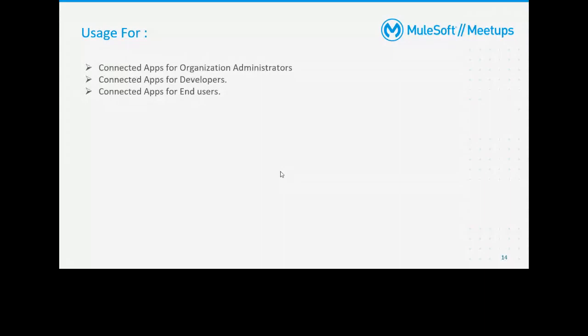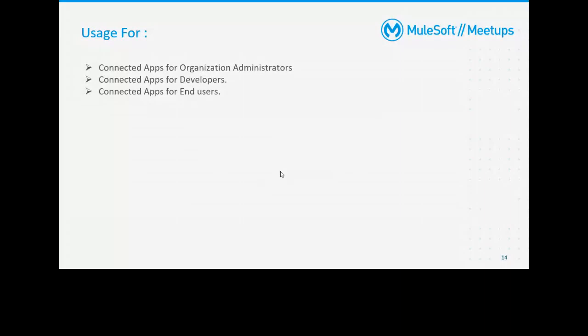As I'm talking about the administrator, we will also talk about what things we have to keep in mind while using it as an administrator. So as an organization administrator, the administrator will have view and manage access to connected apps in access management. And the administrator is somebody who can restrict the accesses also. So if you can go to the next slide.